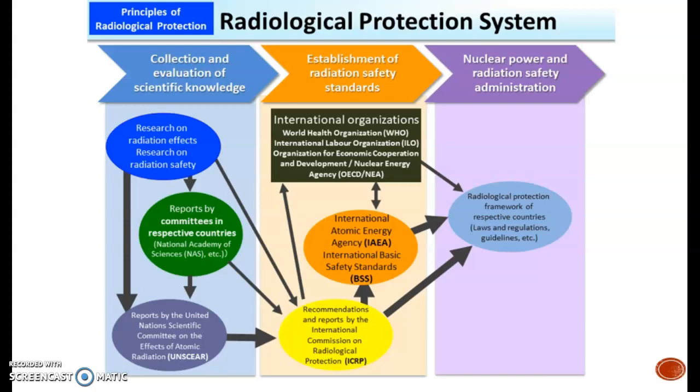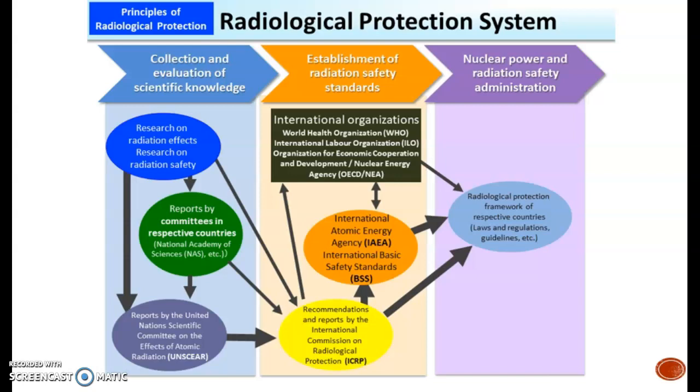Once this report is released, the ICRP comes into effect. The International Commission on Radiological Protection then makes recommendations concerning radiation protection frameworks, while referring to reports produced by the UNSCEAR. So next in line is the International Atomic Energy Agency.